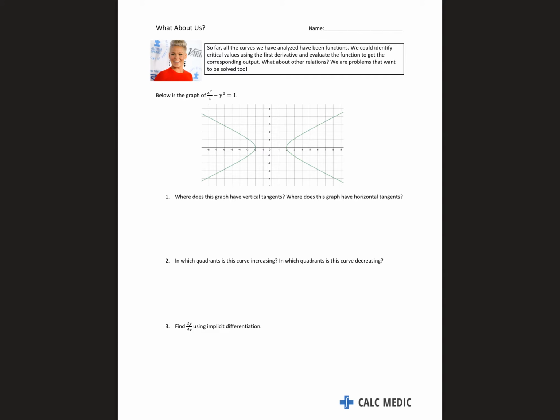Okay, so first thing we can see: this relation, this graph, doesn't pass the vertical line test, since the vertical line touches the graph at 2 points at the same time for the same x value. So right now you should probably pause the video and go ahead and answer number 1 through 6. And when you are ready, you can restart the video, and then we can go over the answers and start from there.